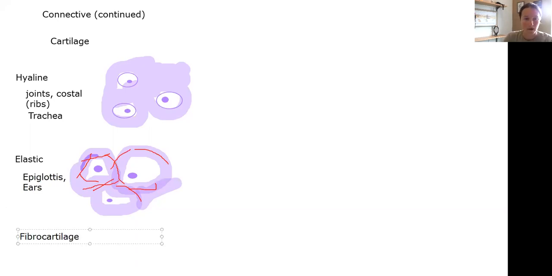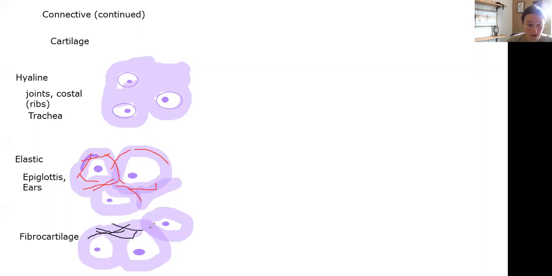And finally, the third and final type of cartilage is fibrocartilage. Once again, we have this jelly-like matrix, just like we've seen before. There are still the chondrocytes embedded within the lacunae, these little cavities here, but this time the fibrocartilage has even more and very dark fibers, so lots of collagen in order to reinforce that cartilage.